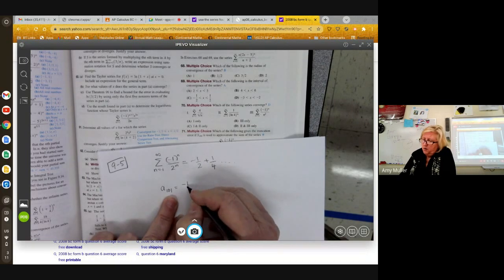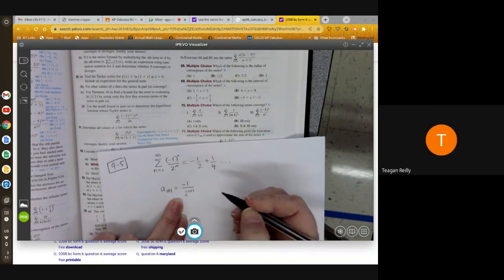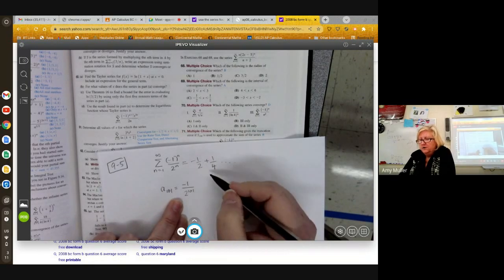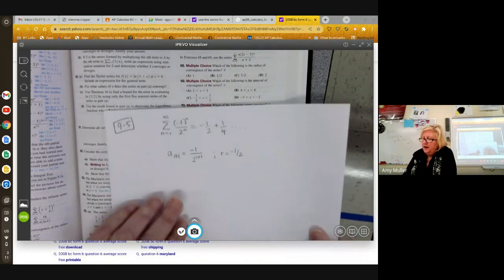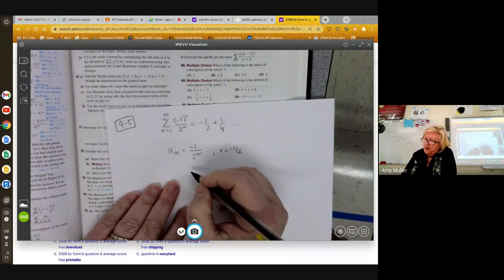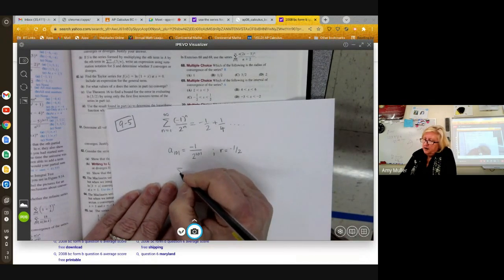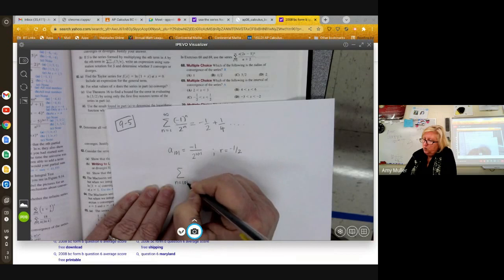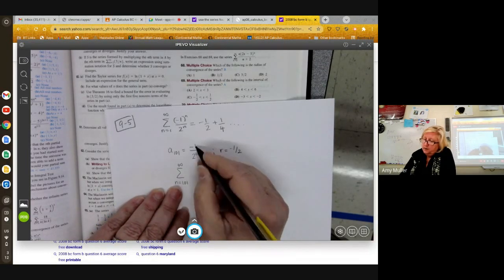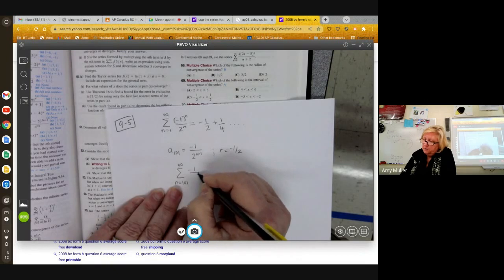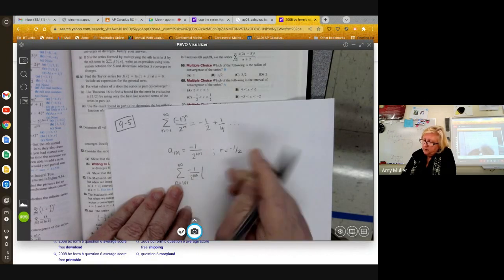So it'd be -1 over 2 to the 101st, correct? Okay, and so what's r every time? Can you tell me? -1/2. R equals -1/2. And we have this wonderful formula here that says, I can say the sum from n equal 101 to infinity of my a sub 1, which is -1 over 2 to the 101. I'm sorry, this is 101.